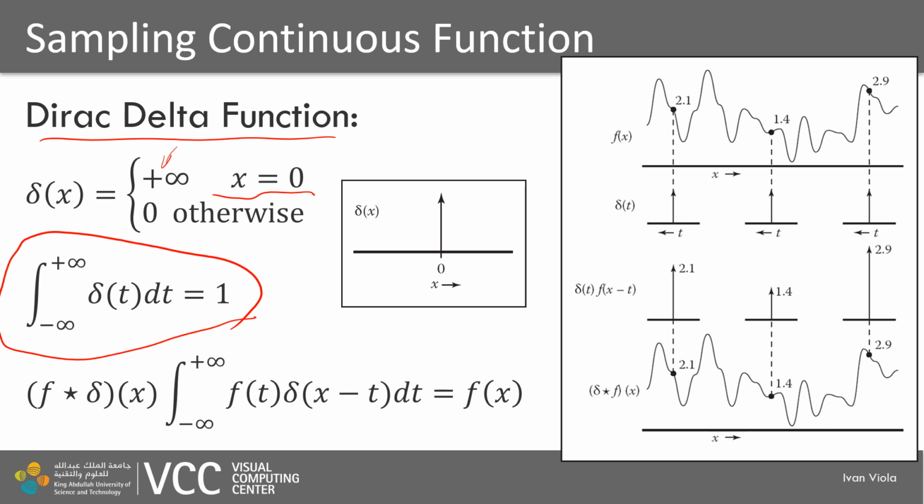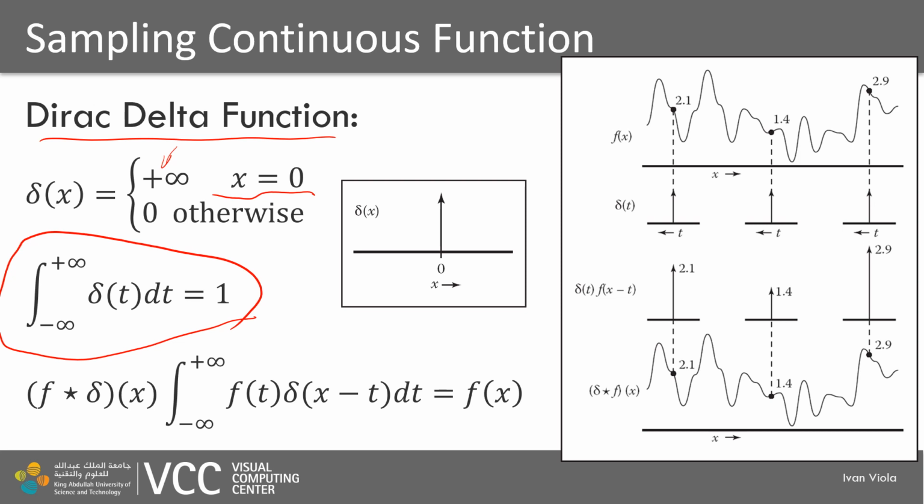So it is somehow an infinitely thin but infinitely tall rectangle, if you like. But it is so thin that its value on one side is almost 0, and on the other side is almost infinity. You can imagine it like that.